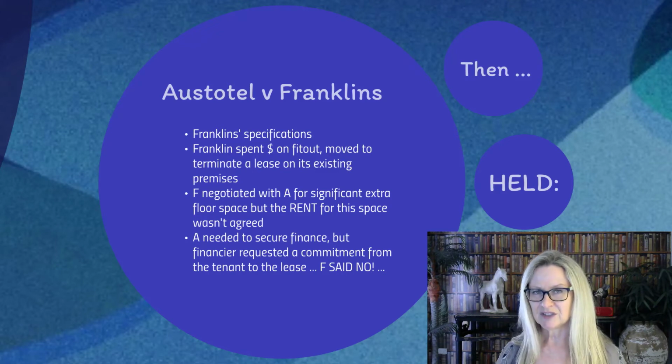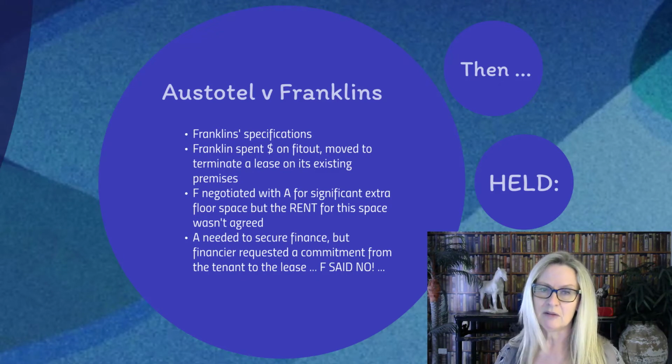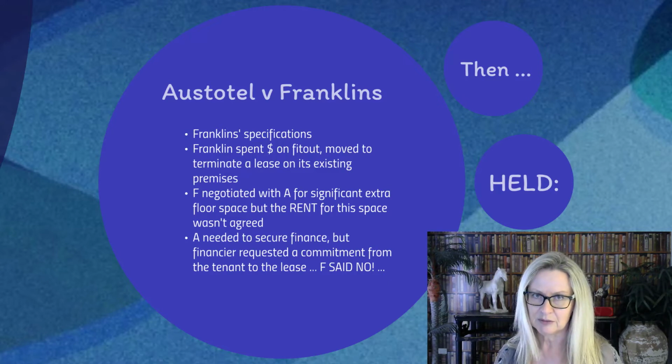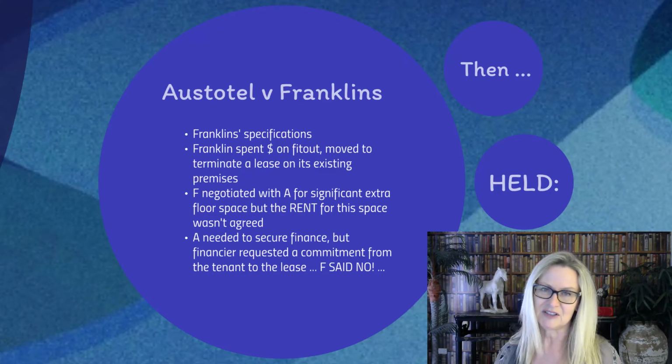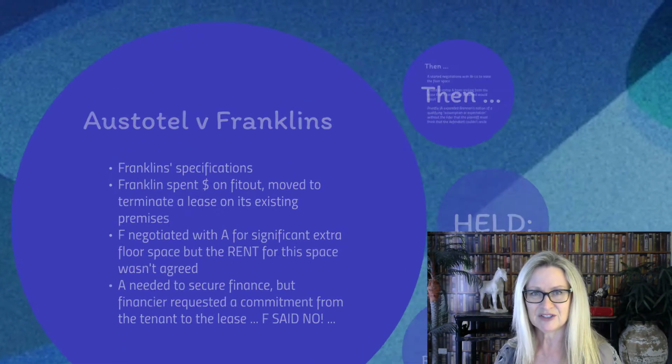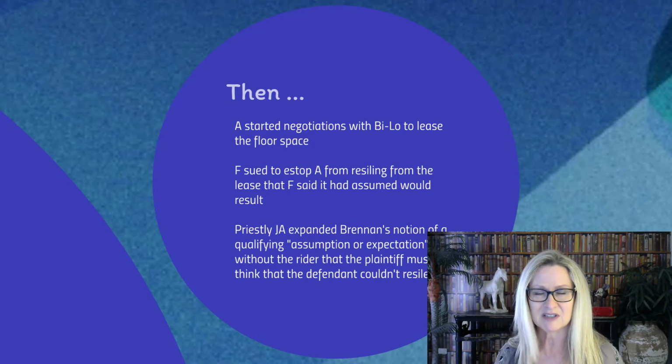Estoppel needed to secure some finance, and the financier requested a commitment from Franklin's, obviously, because Estoppel is going to be much more able to bankroll the building process if they had a major tenant like Franklin's on board. Franklin's wouldn't actually commit for Estoppel to secure their finance, and so Estoppel got fed up with Franklin's and spat the dummy and started to negotiate with Bilo. Again, I'm not sure if Bilo is still going, but another grocery supermarket chain.